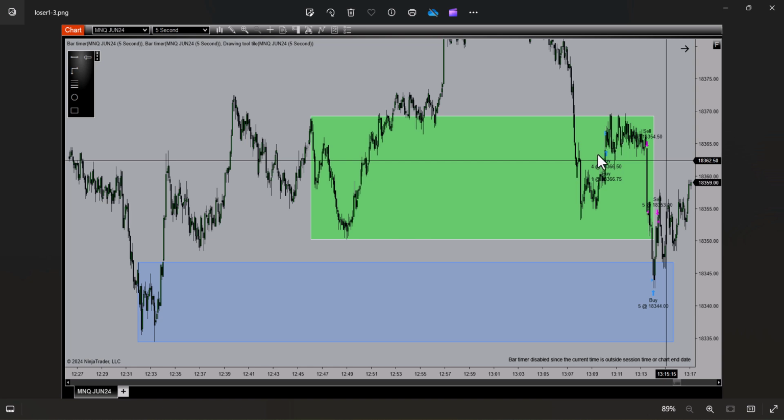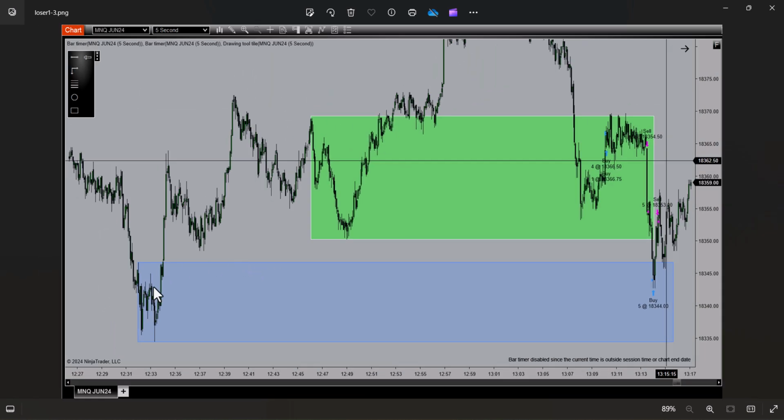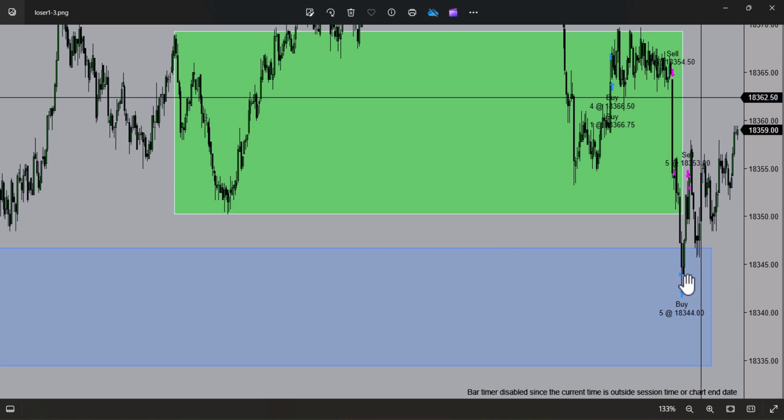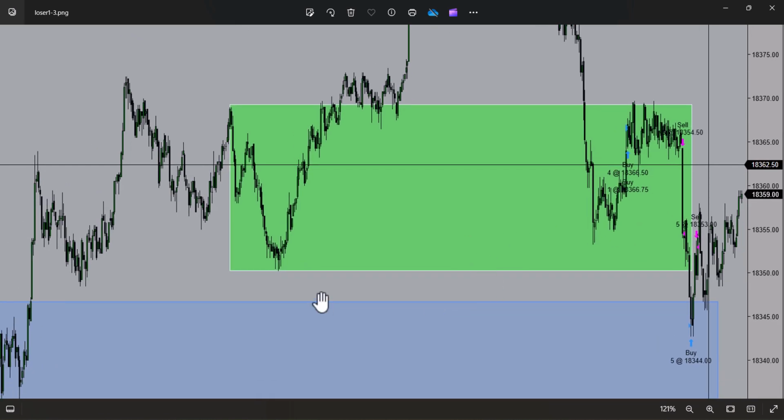But of course, I needed a confirmation. Here we have an unmitigated zone inside us, right? Price never tapped into this zone after leaving it. This is the origin of the move, right? And I took an entry from here, exiting from here. The reason that I was confident with this trade is that we also had the unmitigated zone above us, right here.